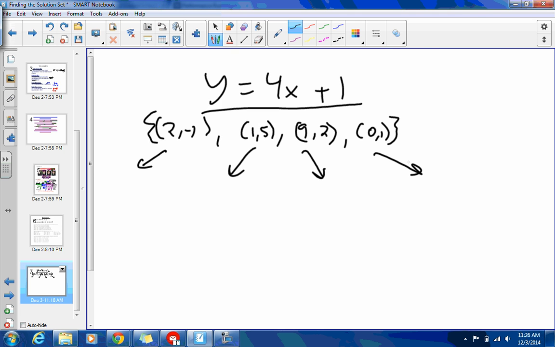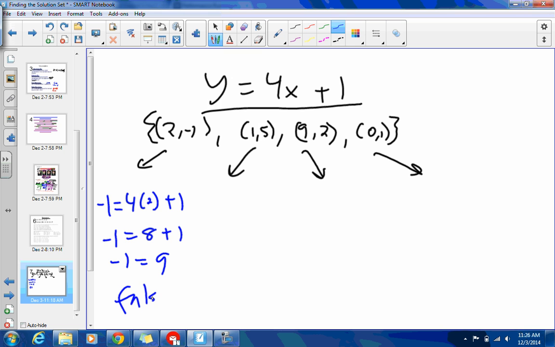This one will be nice if you plug it in right. Remember, the first value is the x, so you put that in for the x, and the second value is the y. So it'd be negative 1 equals 4 times 2 plus 1. So negative 1 equals 8 plus 1. Negative 1 equals 9. False. Not good.